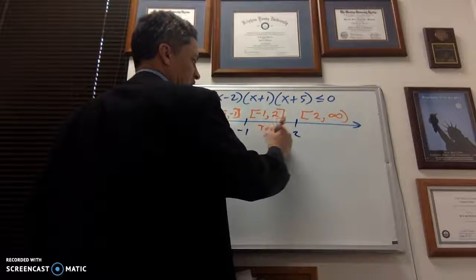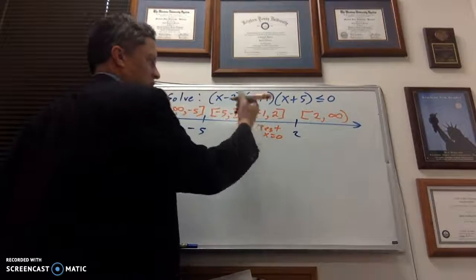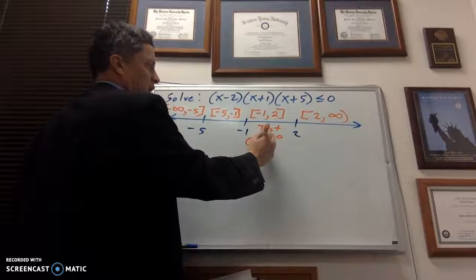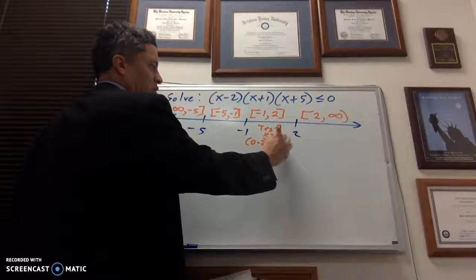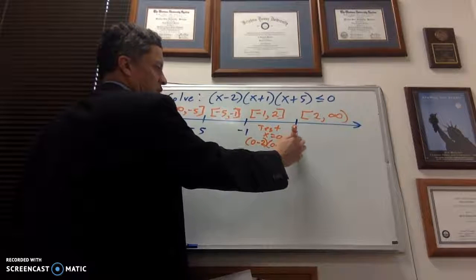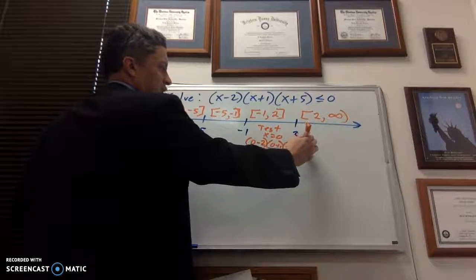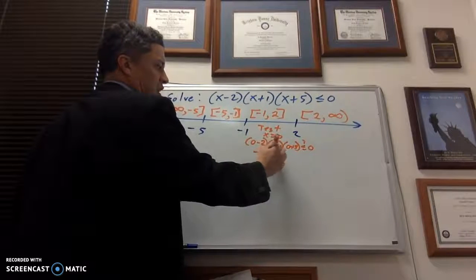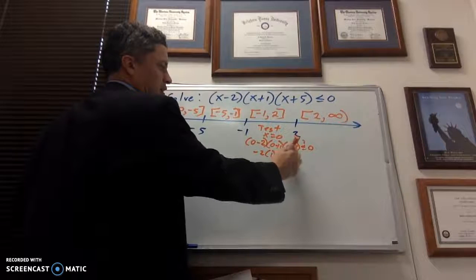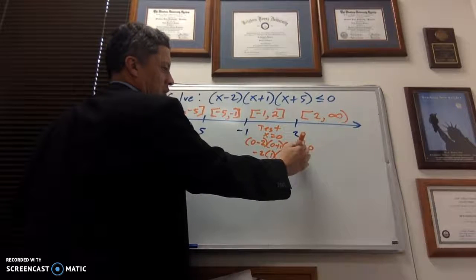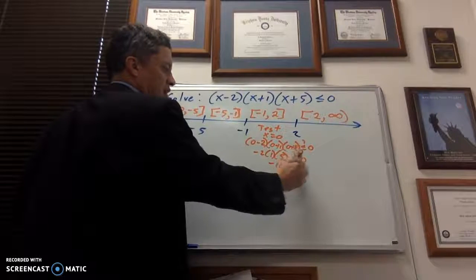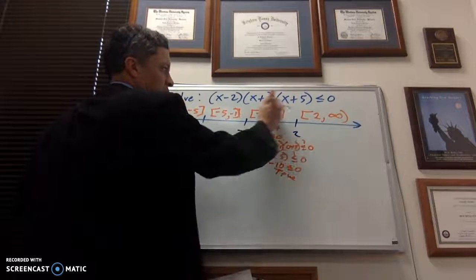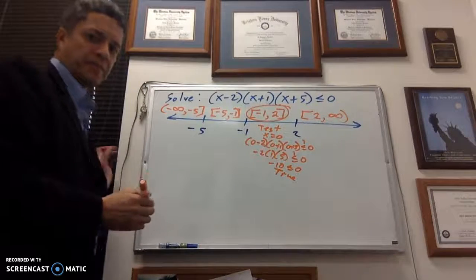So I'm going to test x equals 0. 0 is an easy one to work with. 0 minus 2 times 0 plus 1 times 0 plus 5: is that less than or equal to 0? Well, that's negative 2 times 1 times 5, which is negative 10, and that's less than or equal to 0, so that's true. Which means that interval is going to be in the answer.